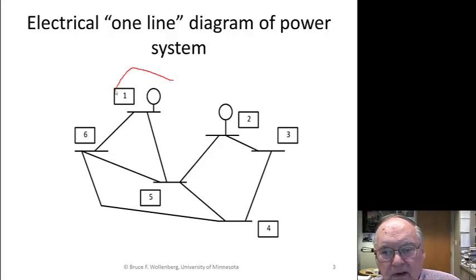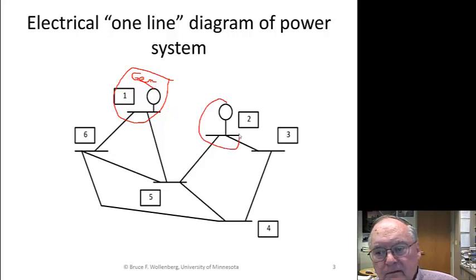Here are our power plants. Electrically, the power plant consists of a bus with a generator. So this is our little diagram of a generator here. Same thing here. Here's another generator. And we have numbers, number 1 and 2. For the generator buses, we don't try to distinguish between them.